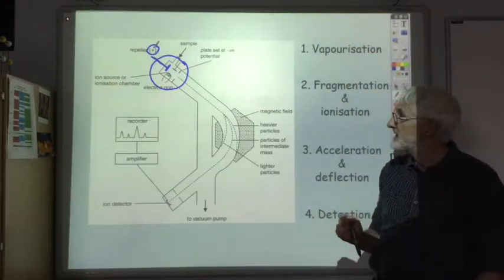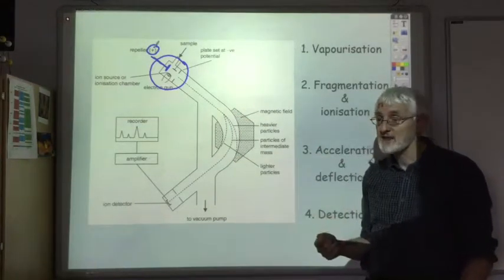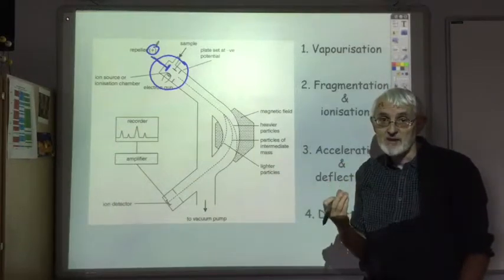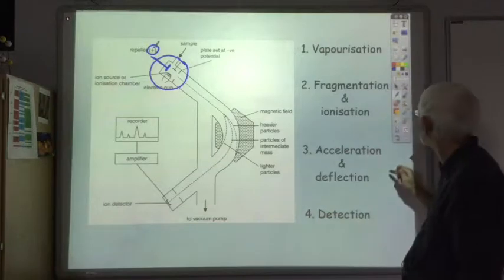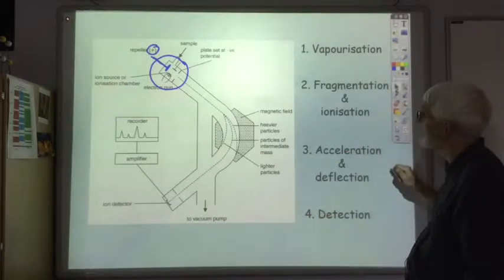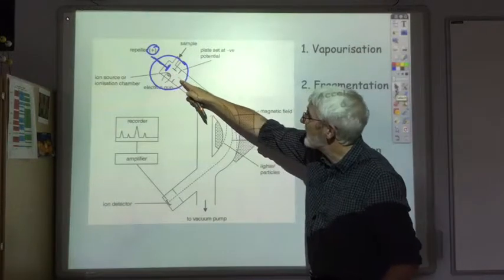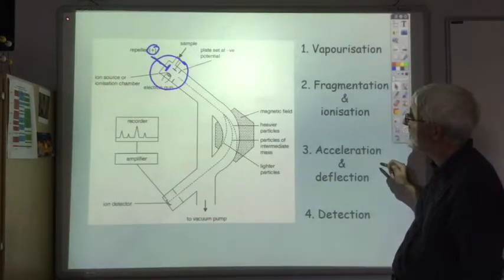The clever bit is that the size of this deflection depends on the mass of the particle. If you've got a light fragment, it gets deflected a lot by the magnetic field. So I'm going to send a light fragment out of here and we'll see it get bent round by the magnetic field.